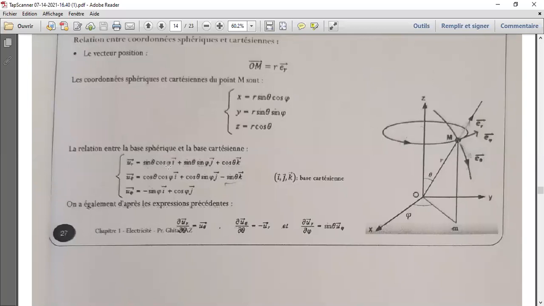So cos phi and sin phi are constants. I'll only be differentiating those which have got theta, which is sine theta and cos theta. And if you differentiate sine theta, if you remember that diagram which I gave you, it gives you cos theta.